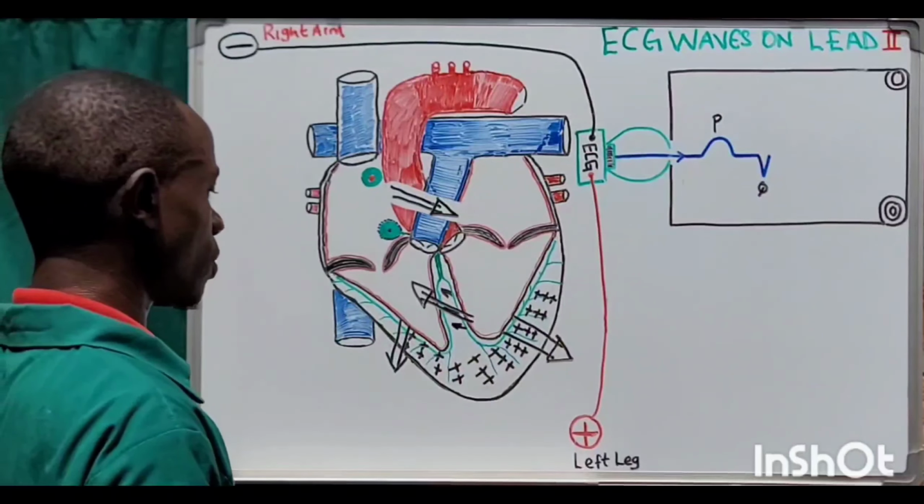So now, if I get a mean of the vectors, I combine all these vectors, I'm going to get this vector, which is going to be like this.